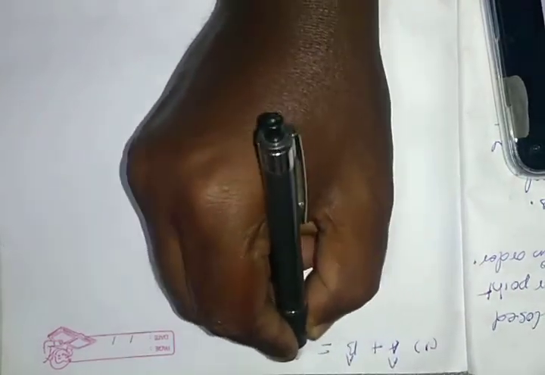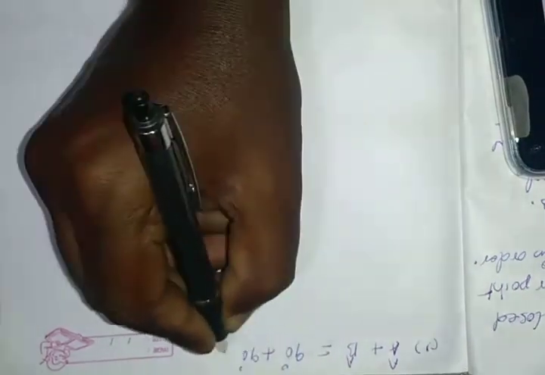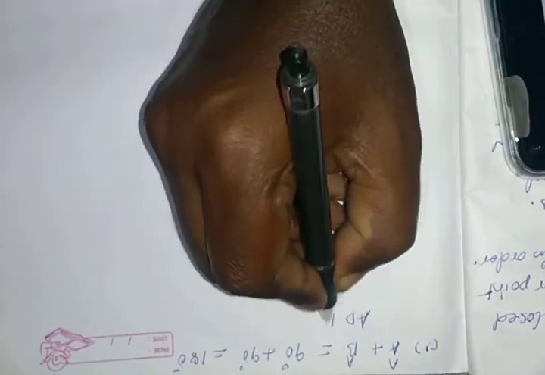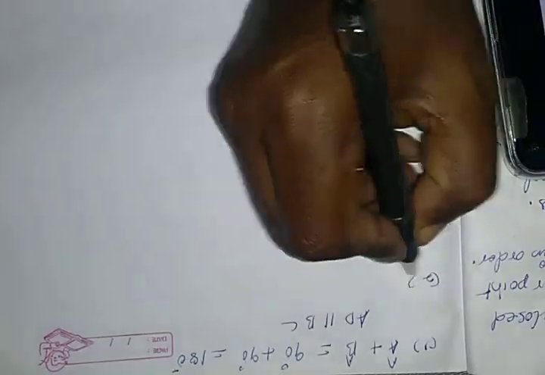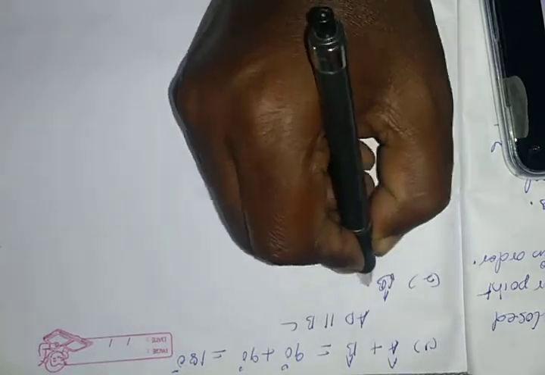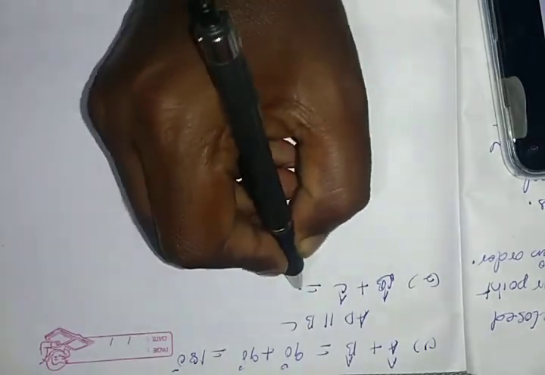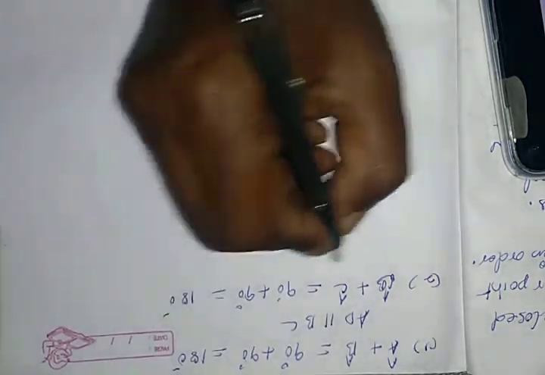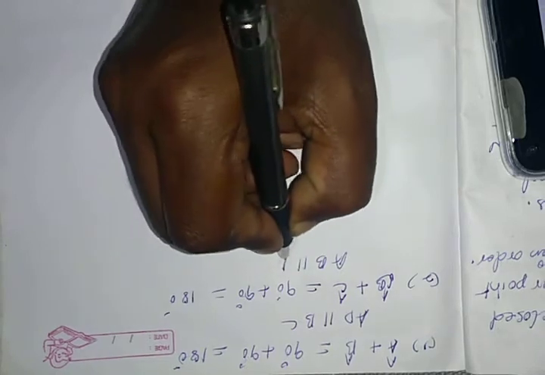Dear children, a rectangle is also a parallelogram, because in a rectangle both pairs of opposite sides are parallel to each other. Let us see. First, angle A plus angle B is equal to 90 degrees plus 90 degrees, which is equal to 180 degrees, so AD is parallel to BC. Second, angle B plus angle C is 90 plus 90 degrees, which is also equal to 180 degrees, so AB is parallel to DC.